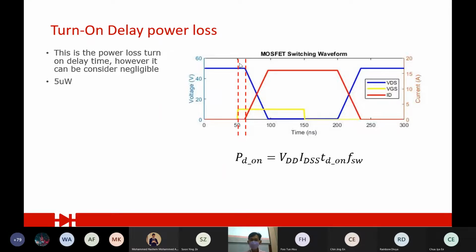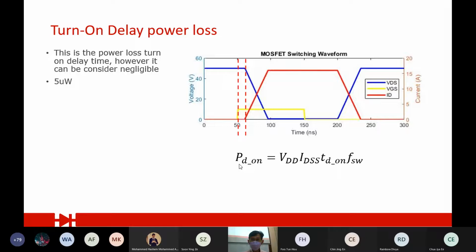So the turn on delay power loss is basically this segment. You see the yellow color is the VGS. The moment you apply 10 volt to the VGS, it will take some time before the rise time. This is governed by this equation.